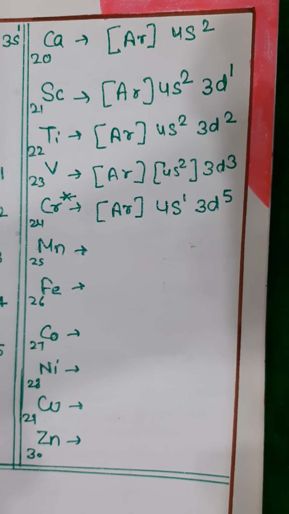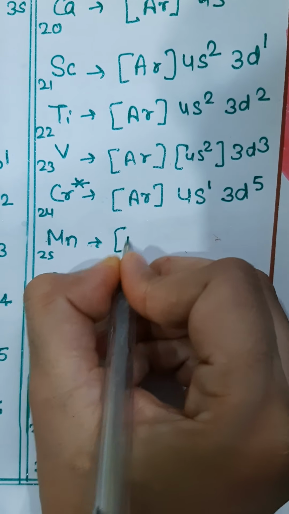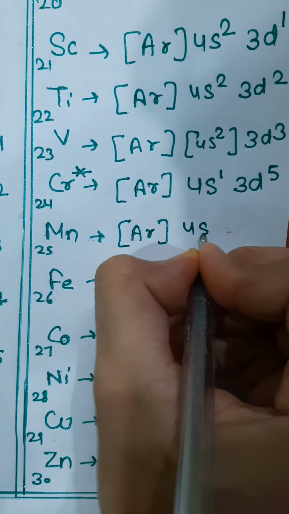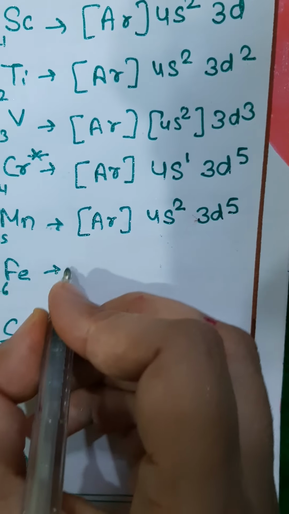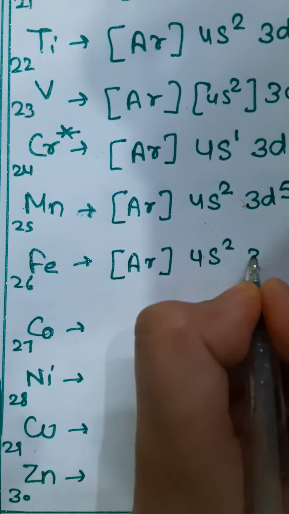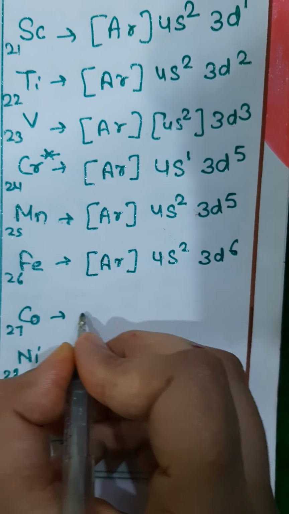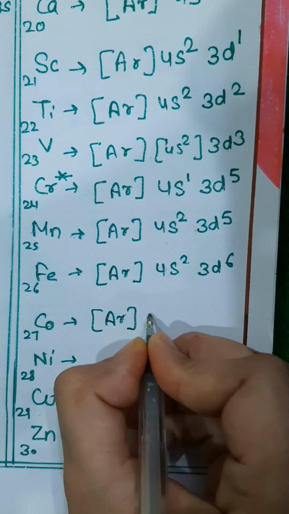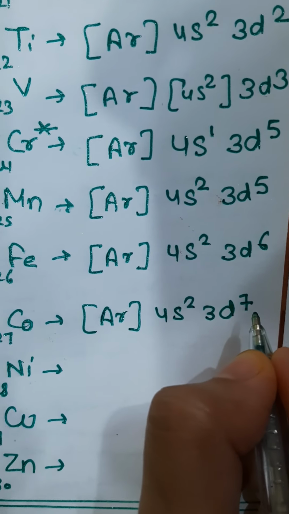Next is our manganese. For manganese, 18 and 2 is 20 and 5 is 25, 18 and 2 is 20 and 6 is 26, 18 to 20 and 7.